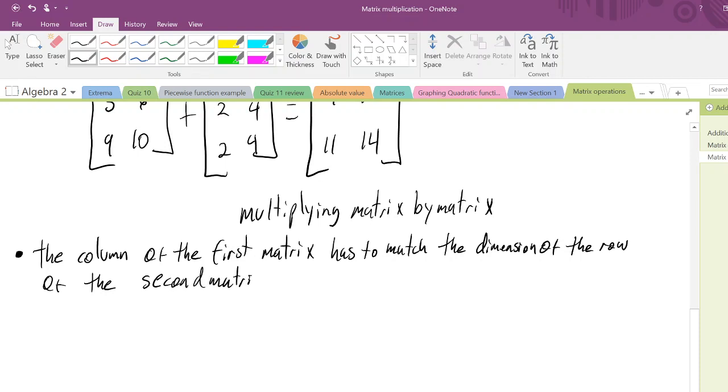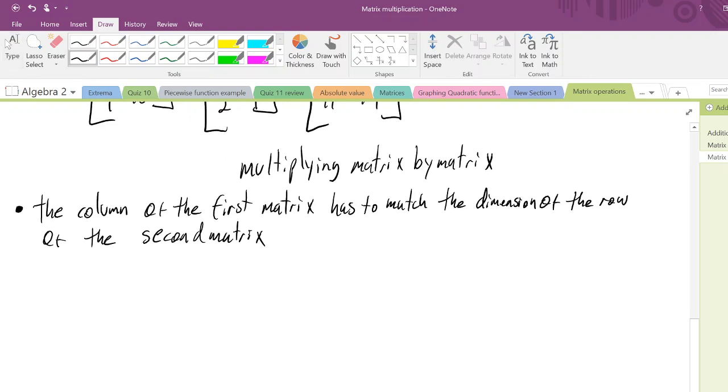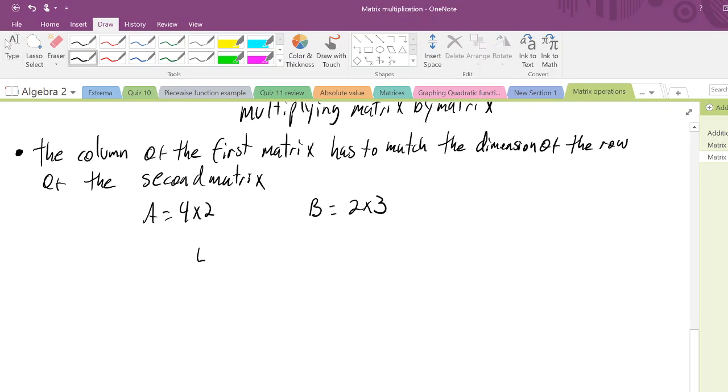So in other words, right? If I have matrix A that is a 4 by 2 matrix and B is a 2 by 3 matrix, then you just put them next to each other. So if you multiply it, 4 by 2 times a 2 by 3. Remember, it's row by column.